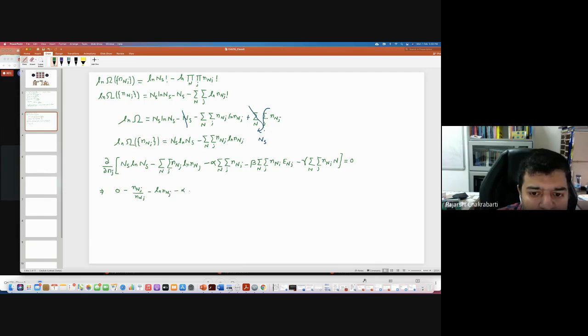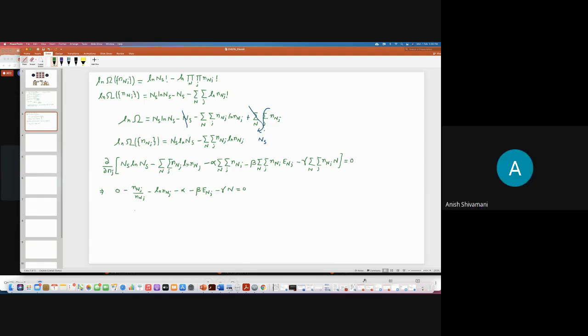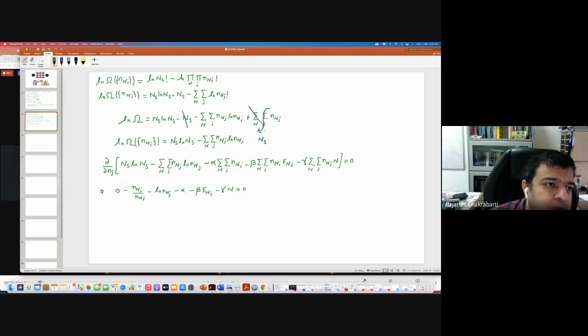Minus alpha minus beta e nj minus gamma. This is fine. Is this fine? I hope I have not made any mistake. Anyone has a problem? Tell me. I hope this is fine. Just one thing, sir. The derivative should be with respect to n and j, right? Yeah. So notation is slightly, you have to change this notation. Yes, you're right.